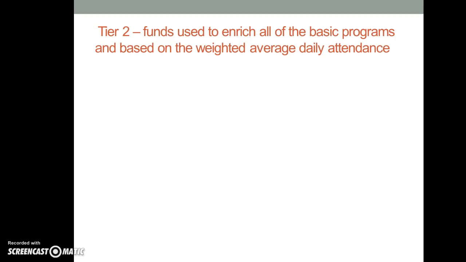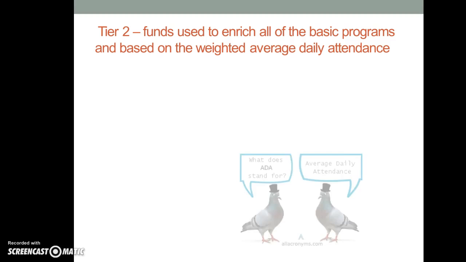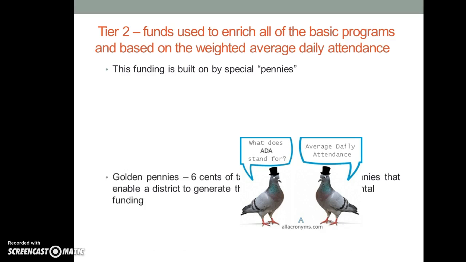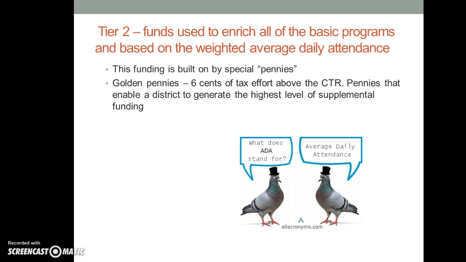Tier 2 funds are used to enrich all of the basic programs from Tier 1 and are based on the weighted average daily attendance. This funding is built on special pennies. There are golden pennies. Golden pennies are 6 cents of tax effort above the CTR, pennies that enable a district to generate the highest level of supplemental funding.